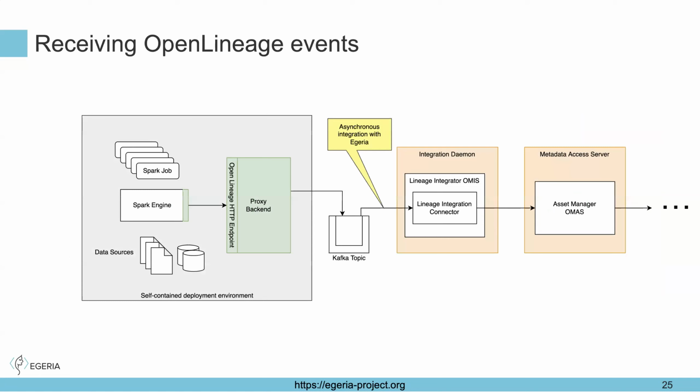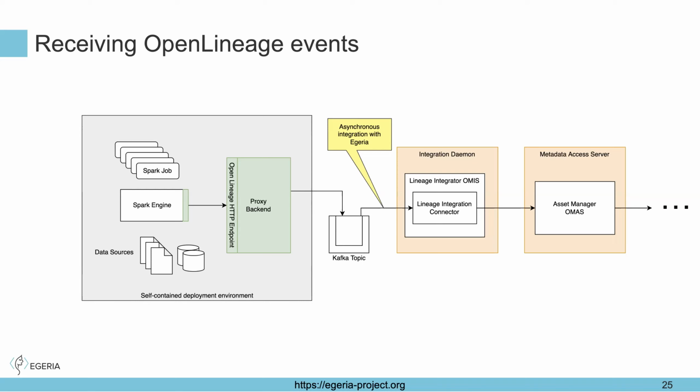The other thing that the OpenLineage team have done is build something called the proxy backend. This implements the OpenLineage endpoint and publishes any events out to Kafka. It's pluggable what it could publish to, but the initial implementation is Kafka. The proxy backend can be deployed with the runtime engine, because there's a runtime dependency to the endpoint for the engine. Deploying them together means they can be run together, managed together, upgraded together, and started and stopped together.